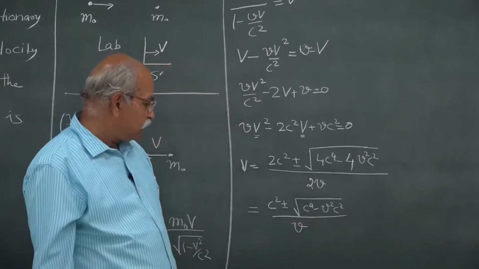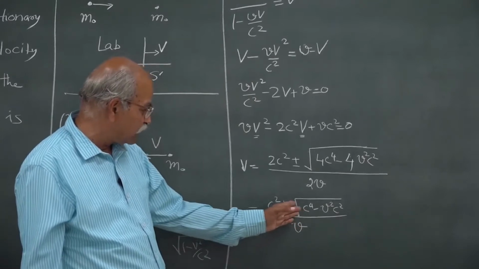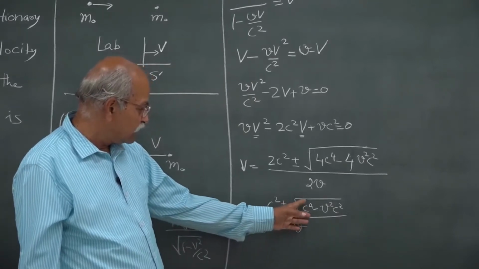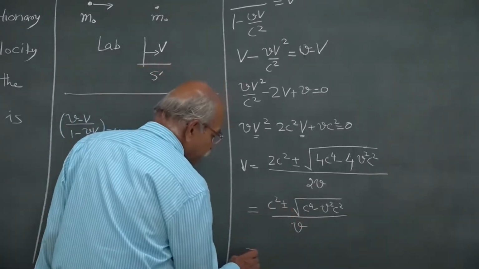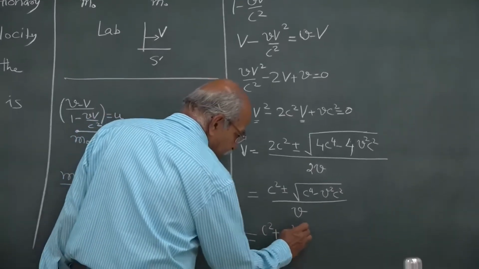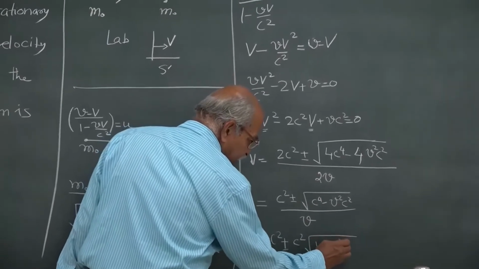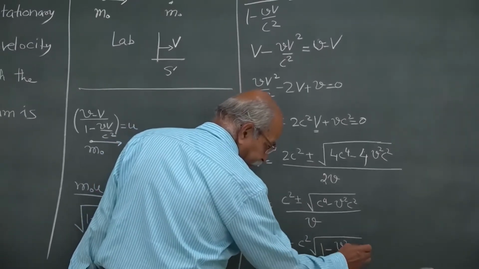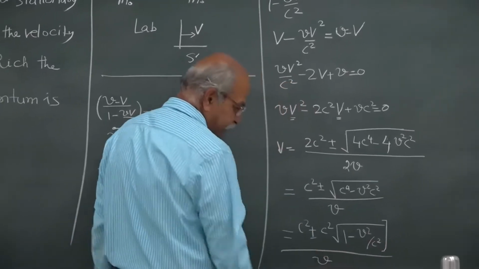So, if you take c4 common here, square root of c4, you take c square. So, this is equal to c square and then plus and minus c square here and then square root of 1 minus v square by c square, and this whole thing divided by v.